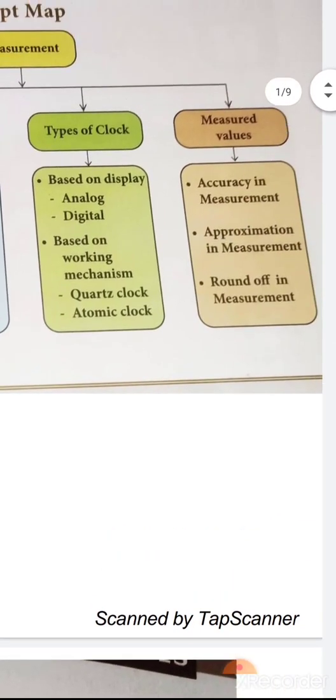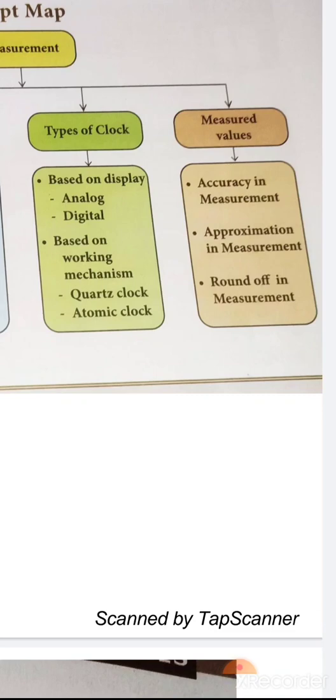Measured values: accuracy in measurement, approximation in measurement, and round off in measurement. First, accuracy is the closeness of a measured value to the actual value.